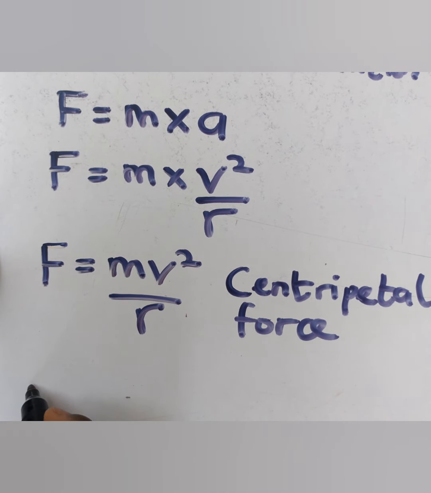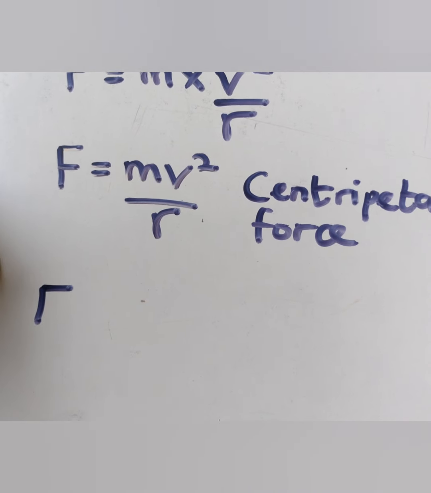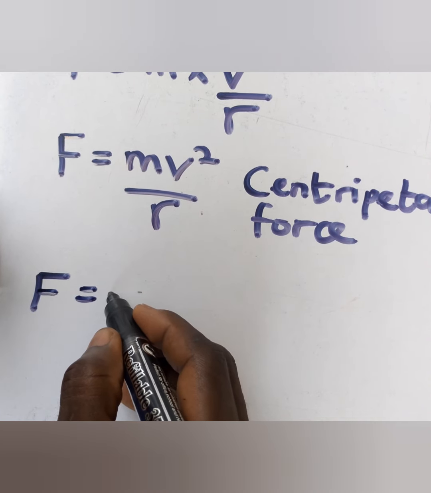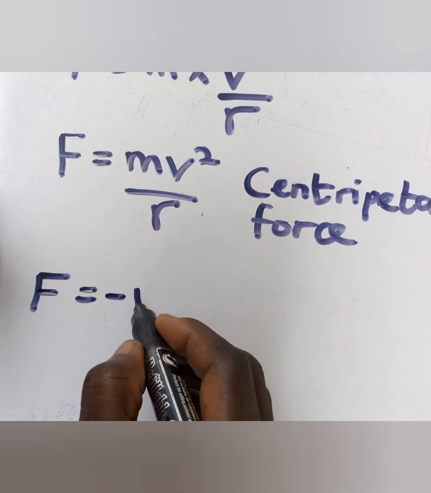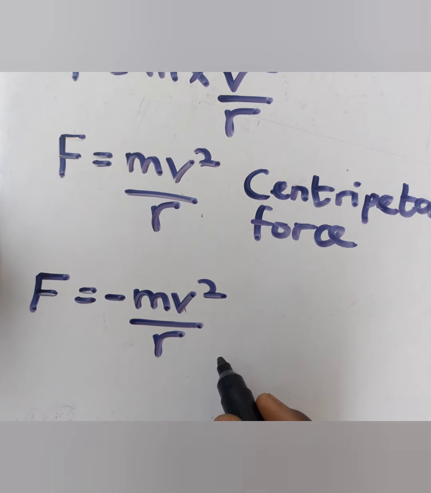So if I am to write for my centrifugal force, F, centrifugal force F is equal to minus mv squared divided by r.